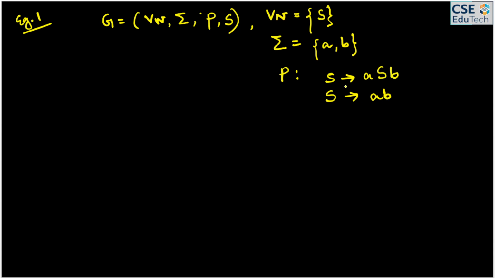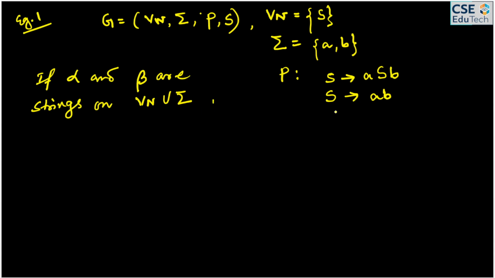Now if alpha and beta are strings on Vn union sigma, what is Vn union sigma here? The only non-terminal symbol is S and the terminal symbols are a as well as b. Now if alpha and beta are strings on Vn union sigma, we can write this notation: alpha derives beta.